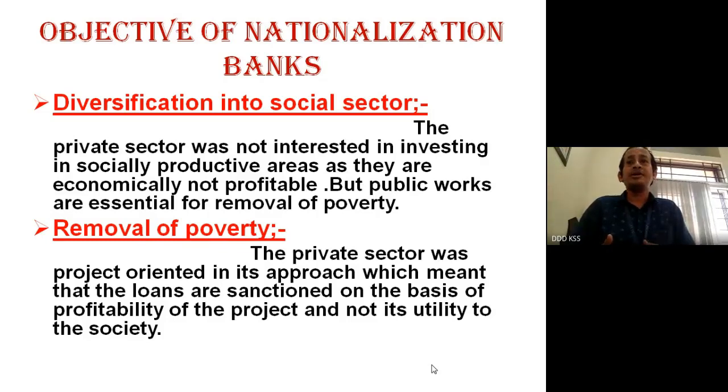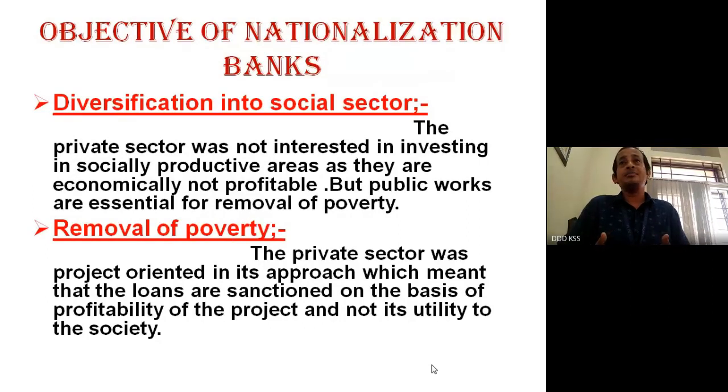Then, removal of poverty. Now also, almost 70% of people in India are staying in rural areas. So India is a rural based economy, and even now people are living below the poverty line, and for this the government is bringing different schemes.